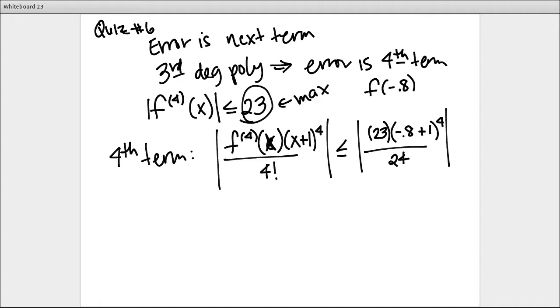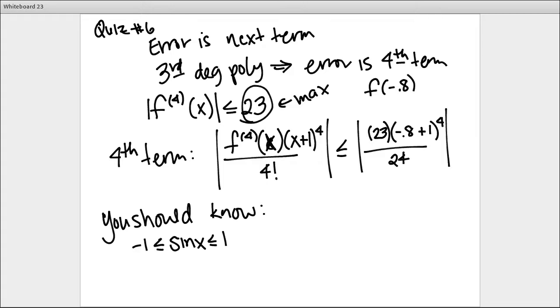Some things we expect you to know. You should know things like sine and cosine have maxes. We know that sine of x is between 1 and -1, and cosine is the same thing.